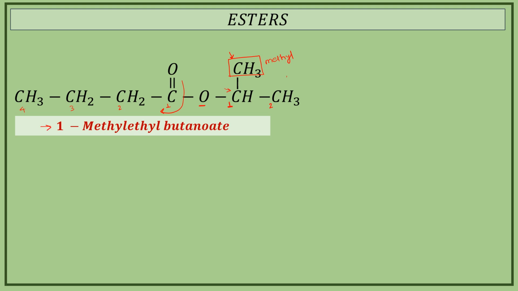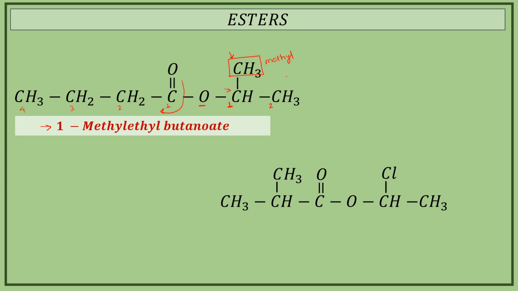Let us see a similar example in which we bring another substituent on both sides of the ester molecule. So we will start numbering in the alkyl group from this carbon atom, 1 and 2, and the substituent here is chlorine.